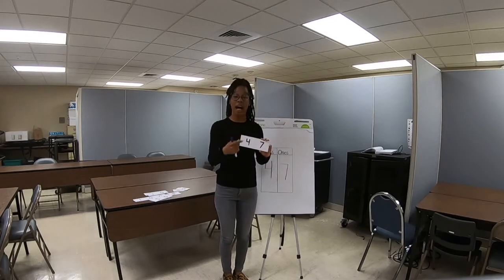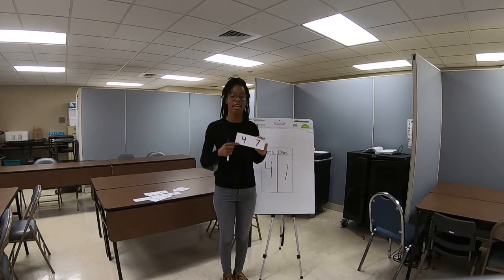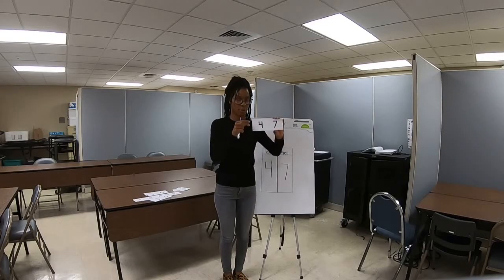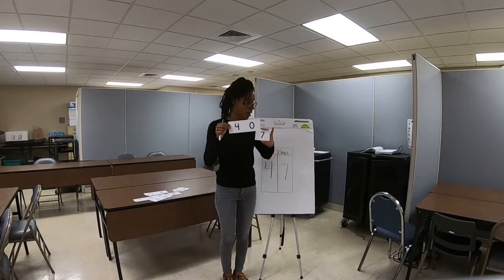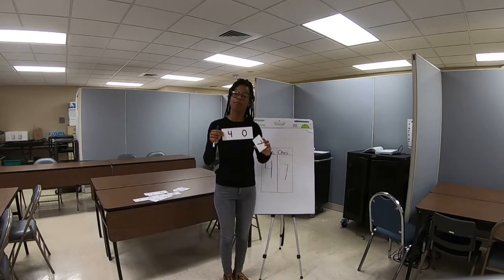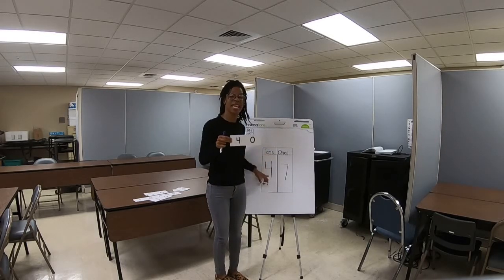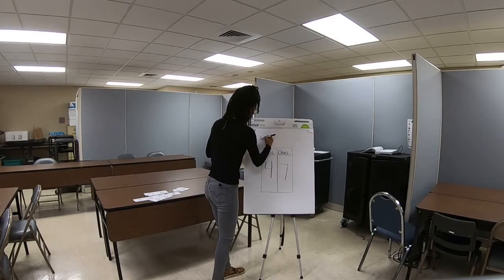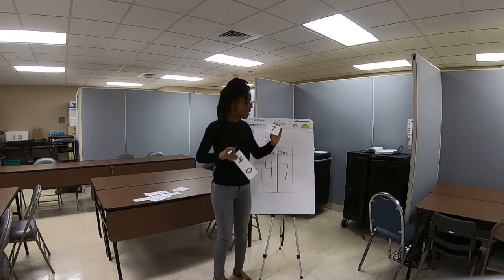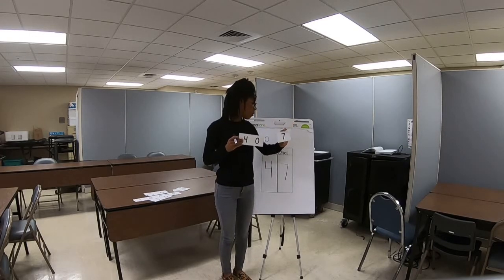What is the value of the 4 in 47? Remember, we pulled apart this card, so the 4's value is actually 40 because it's in the tens place, okay? 40. And then the value of the 7 in the ones place is just 7.